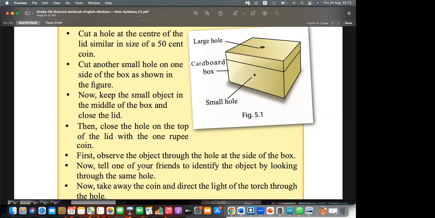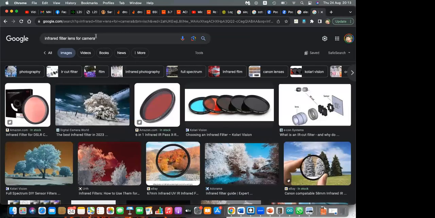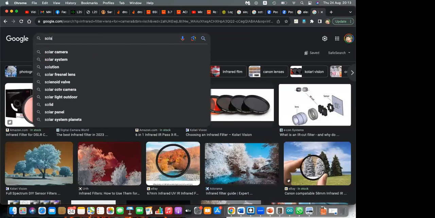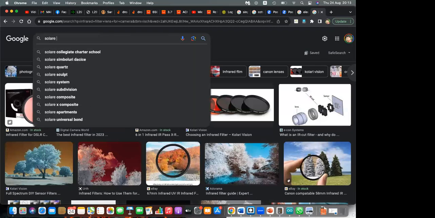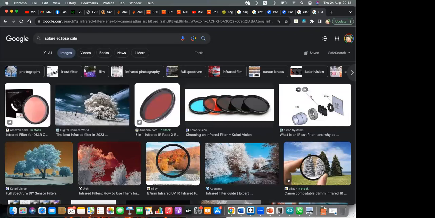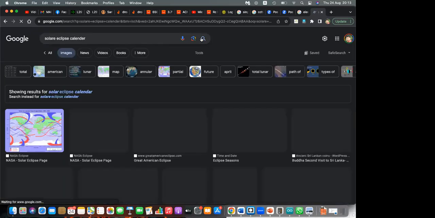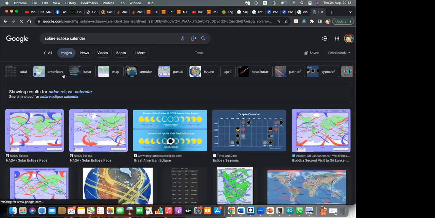So basically, there will be another one. Here you can see the solar eclipse calendar. Some solar eclipses are partial, some are full.